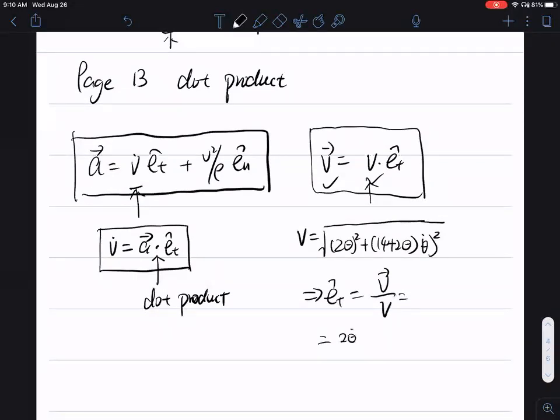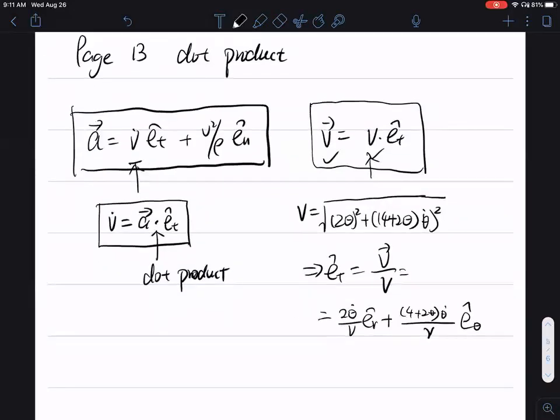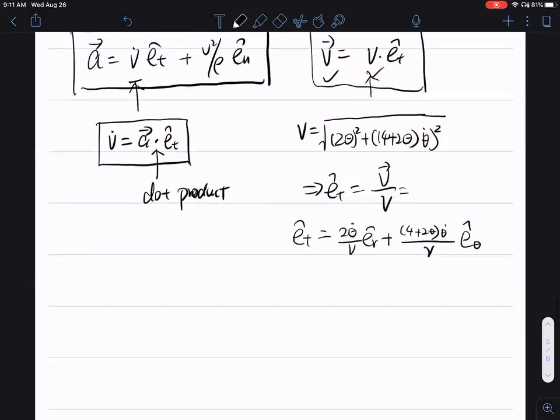Use the first component divided by V, that's your ER, plus 2 theta, theta dot divided by V, that's your E theta. That would tell us what ET is.